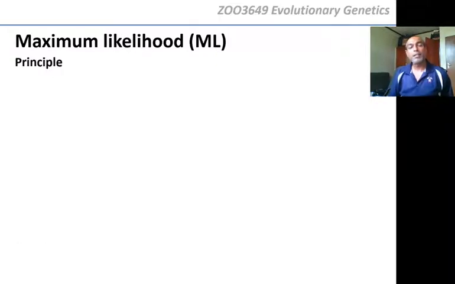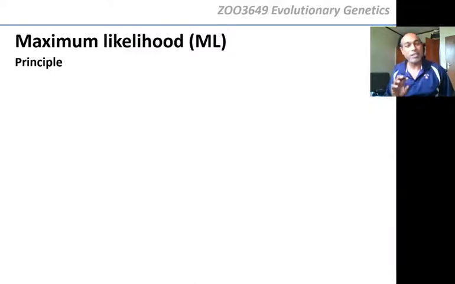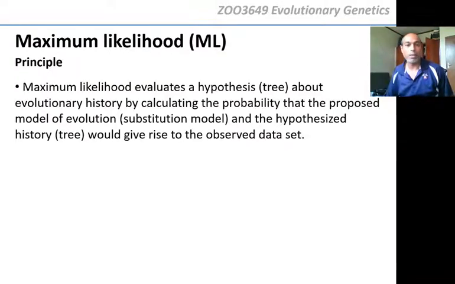Okay, so that brings us to this: now that you know what the observed data are, now that you know what the tree is, and now that you know what the model is, we can actually get into what maximum likelihood itself is. So, what is maximum likelihood? The principle behind maximum likelihood is that it evaluates a hypothesis, in other words, a tree.